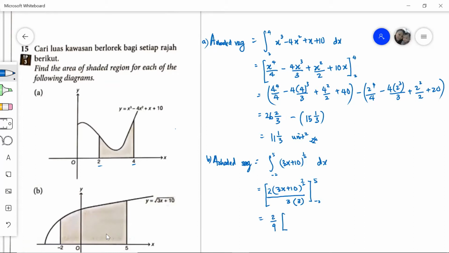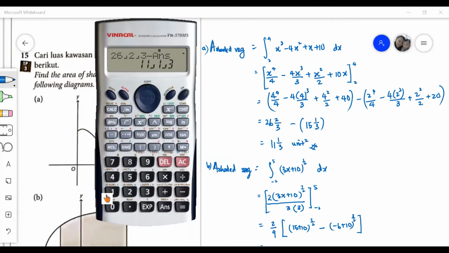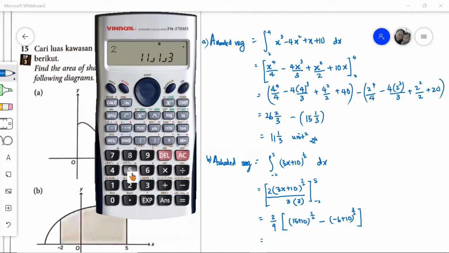Inside, we substitute the 5 in. So we have 15 plus 10 raised to the power of 3 over 2, minus negative 2 times 3, so negative 6 plus 10, raised to the power of 3 over 2. Let's use the calculator to get the value. We have 25 raised to the power of 3 over 2, or you key in 1.5, that will do.